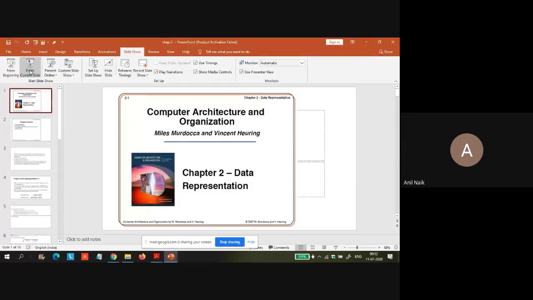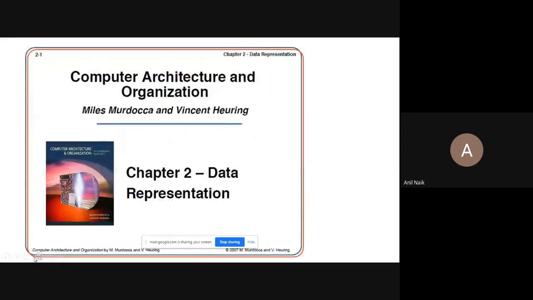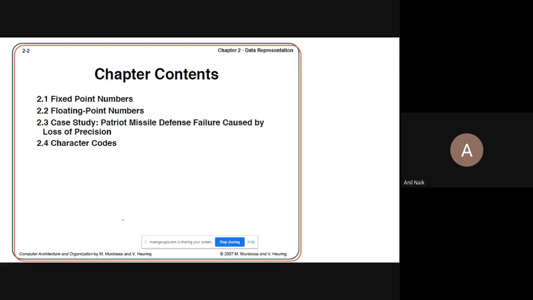The PPT I have taken from the online textbook. So we'll study fixed point numbers, floating point numbers, and one case study.